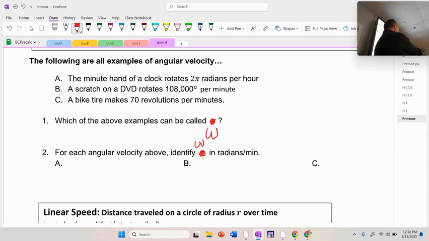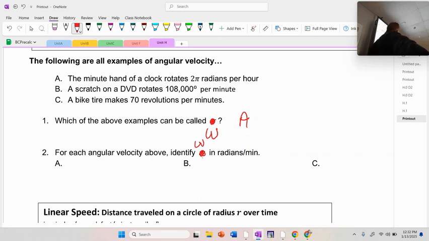A, B, or C, or none of the above, or one of the above? Name the letters. 3, 2, 1, go. A, I heard you. That just proves that you're reading. You're not a slug, a charlatan, a bum. All right, you actually read and you see that it can only be in radians per unit time. The other ones are not so much.